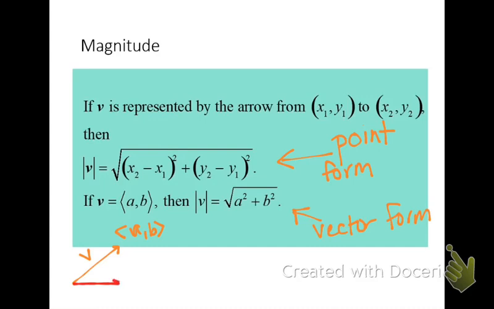My A component of my vector is here, and my B value is here. So I'm looking for the magnitude of my vector V. I can use my Pythagorean theorem. And so that is where that formula comes from up here. It's using our Pythagorean theorem.